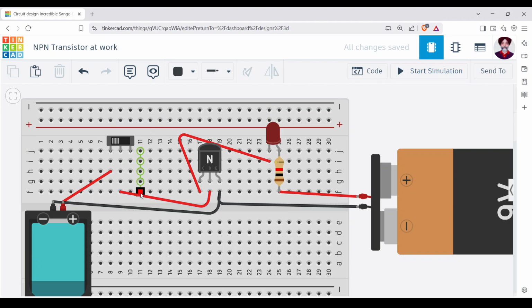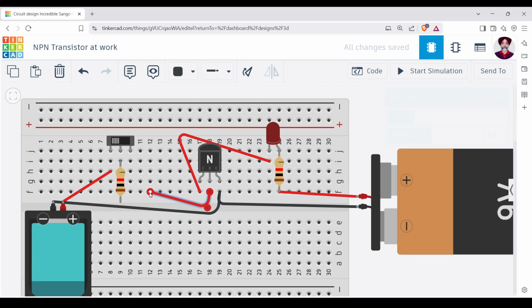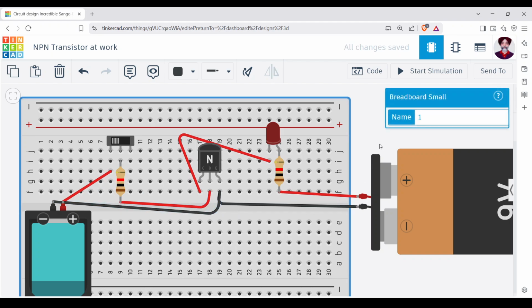First things first, the base also requires less voltage. So let's give it less voltage. That means let's put in a resistance. Let me make a copy of this resistance and let us have it something like this. All right.